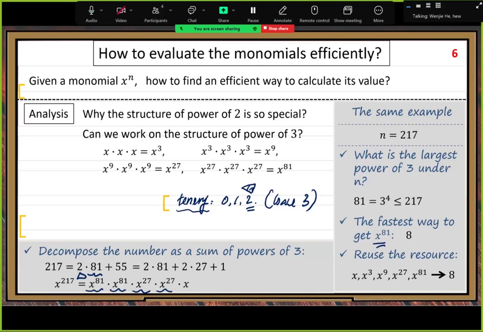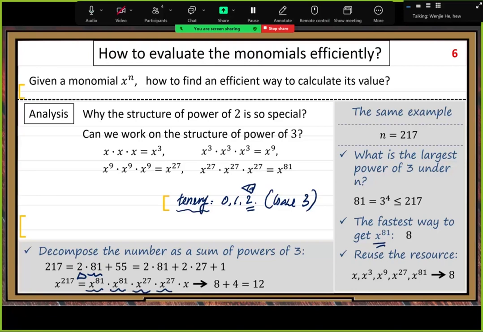How many more? 1, 2, 3, 4. 4 more multiplications. Total, preparation round and the final calculation round, adding together 8 plus 4, 12 multiplications. If you use this repeated cubing technique, you need 12 multiplications to find this monomial, x to the 217th.